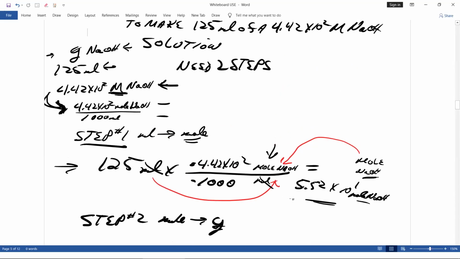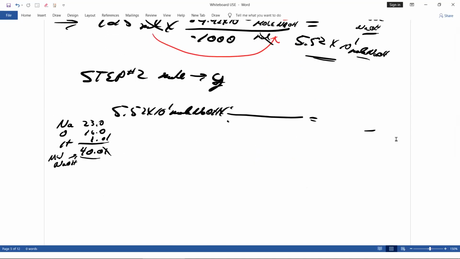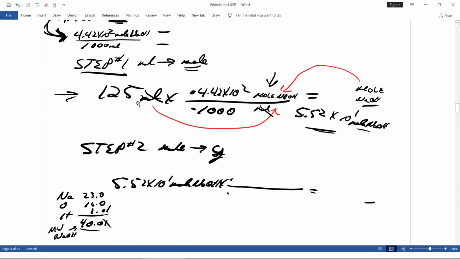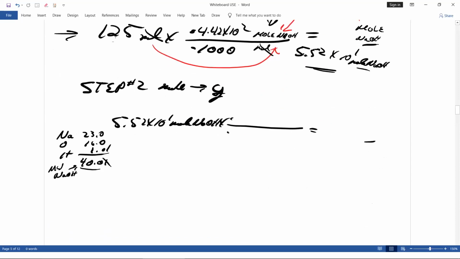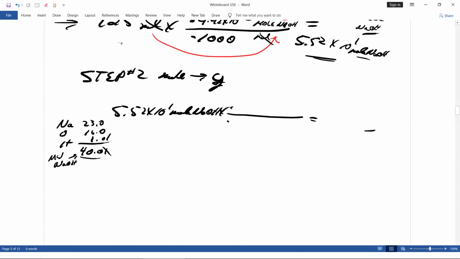And let me just remind you, what are we trying to find? There you go, grams of sodium hydroxide. You don't have to calculate it, just put in the number.